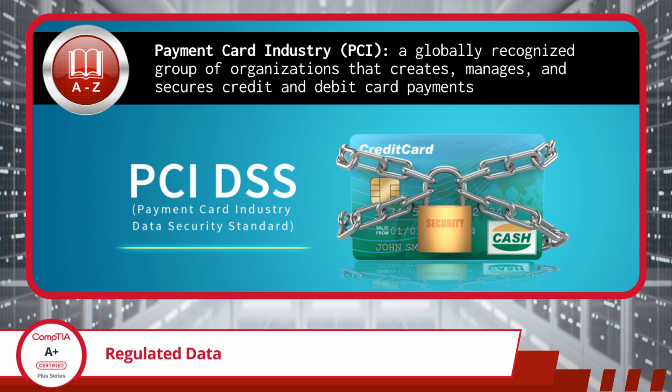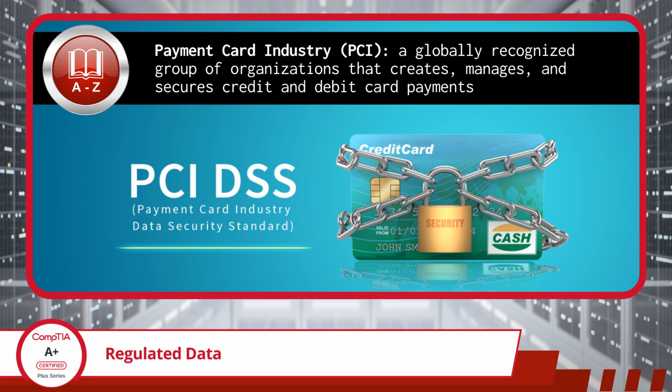PCI-DSS is a set of guidelines designed to secure credit card information during processing, storage, and transmission. These guidelines require measures such as encryption, robust access controls, and antivirus software to prevent unauthorized access or theft. Imagine a retail scenario where customers swipe their credit cards. Behind the scenes, their payment information travels through an encrypted system to ensure its security.